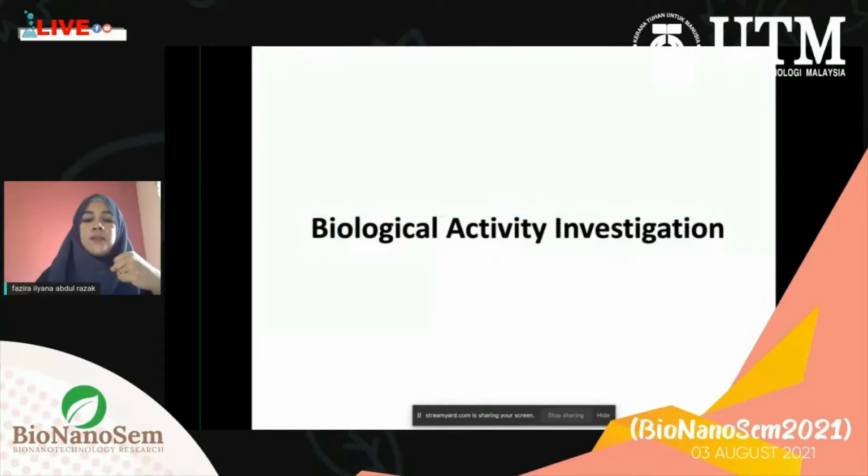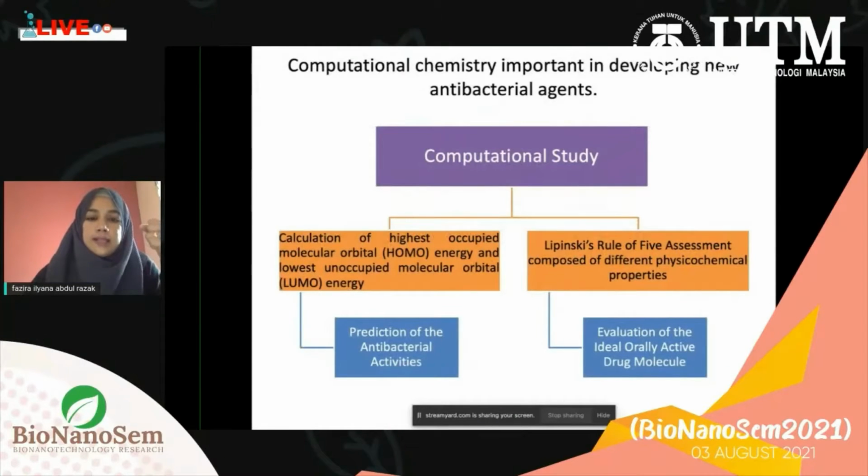The first example of biological activity investigation that I performed is to study new antibacterial agents. How do we start? For these computational studies, we divide into two. We want to calculate HOMO and LUMO, the frontier molecular orbitals, and these results will predict the antibacterial activities.